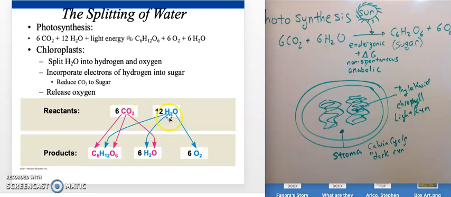We actually need water as a reactant, but water is also produced in the process. We need 12 water molecules to produce 1 glucose, but we actually make 6 water molecules as products. So net, we just need these 6 water molecules in our balanced equation.